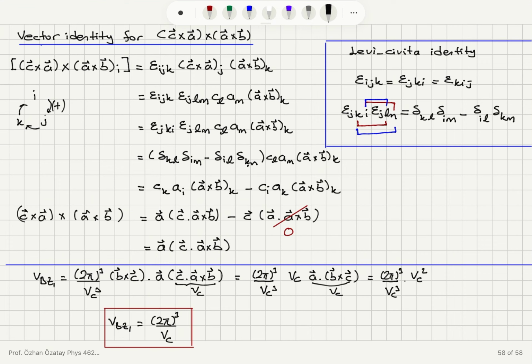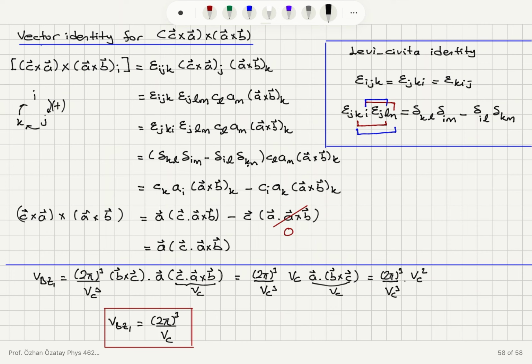And for epsilon jki, epsilon jlm, I use the expansion in terms of Kronecker delta. It is delta kl delta im, firsts, seconds, minus inners, il, outers, km. So delta kl delta im minus delta il delta km is what I substitute for epsilon jki epsilon jlm.